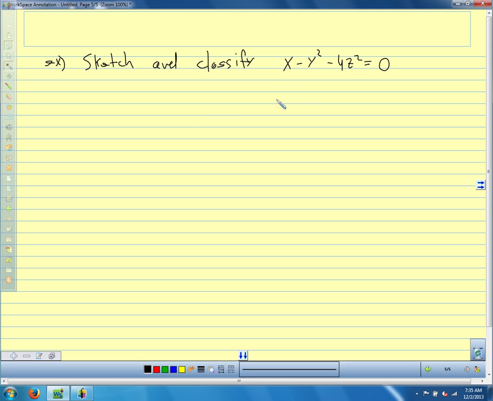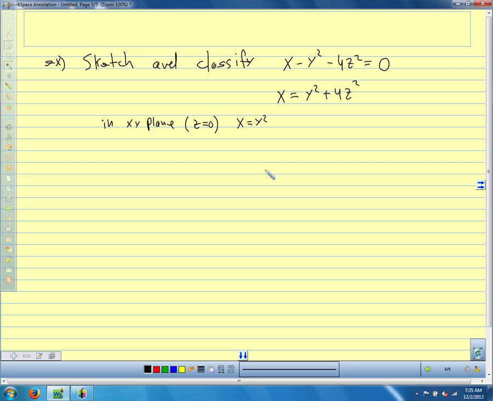So I'm going to rewrite this as x equals y squared plus 4z squared. And then we're going to look at our trace in each of the coordinate planes. So in the xy plane, z equals 0. Our trace in the xy plane is x equals y squared.